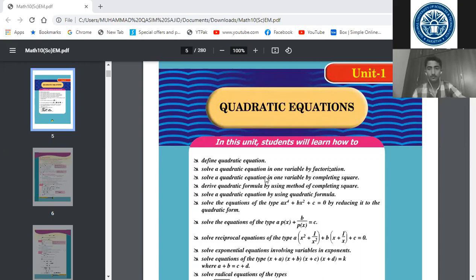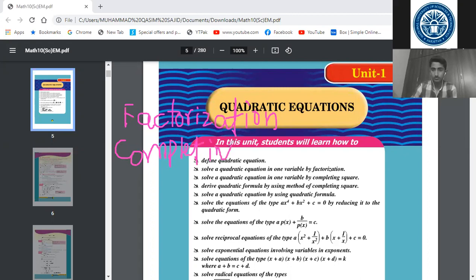Today the lecture is about quadratic equations and how to solve a given quadratic equation by using factorization or completing the square. Basically, quadratic equations can be solved by three methods. The first method is factorization. The second method is completing the square.